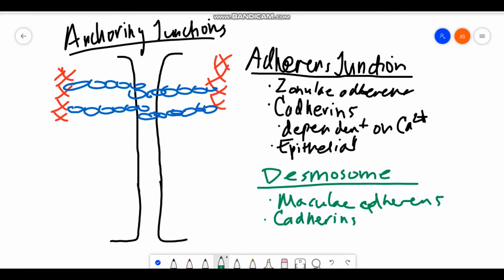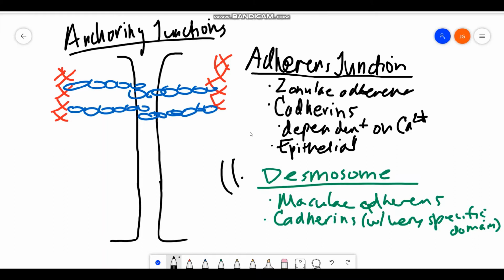However, they're going to use a very specific family of cadherins with very specific domain structure. Okay, and there's actually a lot going on here, so I'm going to try to simplify it as much as I think you'll need.